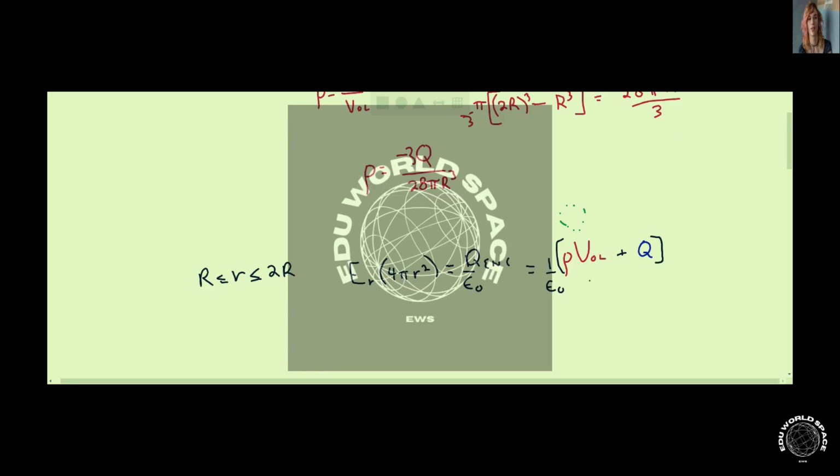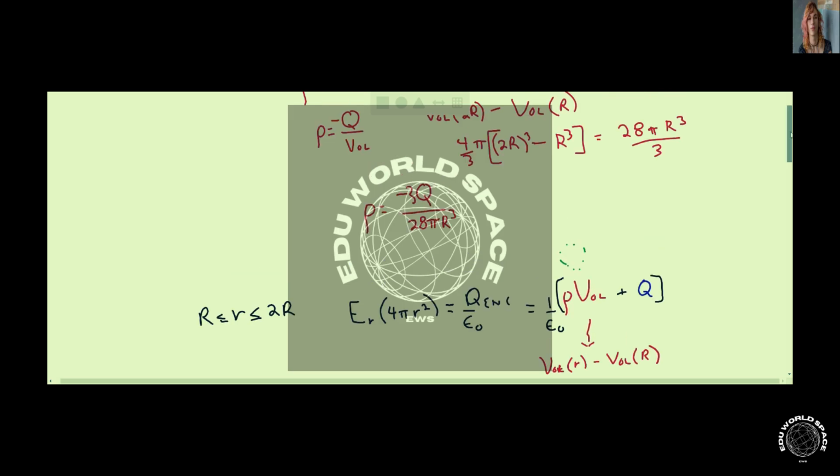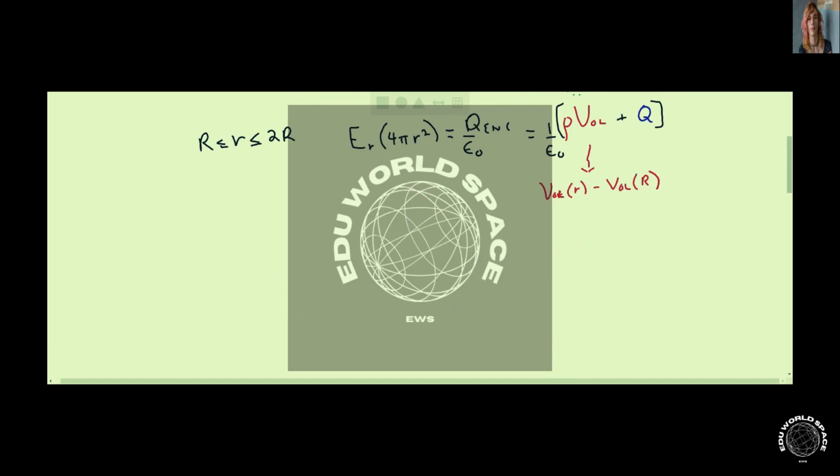And the volume of the shell can be revised from what we did prior. It'll be the volume at little r minus the volume at big R. So just the part of the insulator that holds that charge. And that's 4/3 pi little r cubed minus 4/3 pi big R cubed.